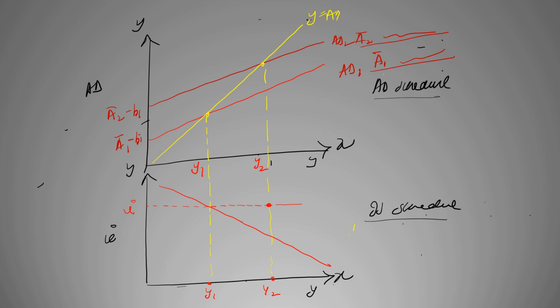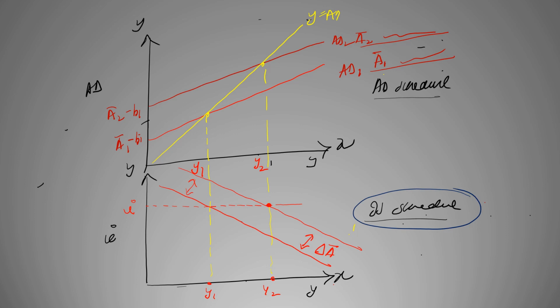So there's going to be a parallel shift in this IS curve, a parallel shift because this distance shows our change in exogenous variables. So this is how your IS curve shifts.